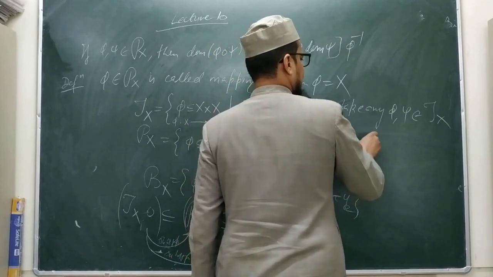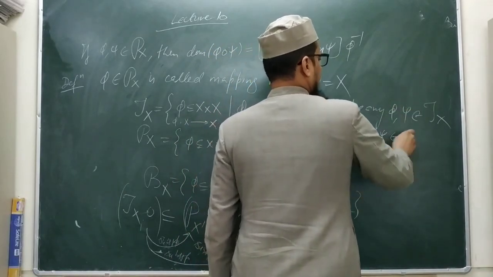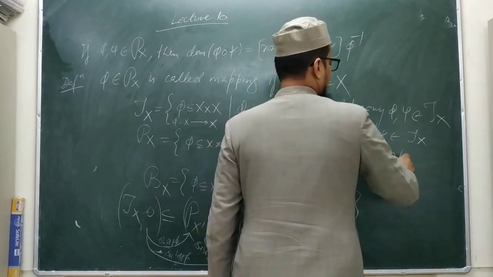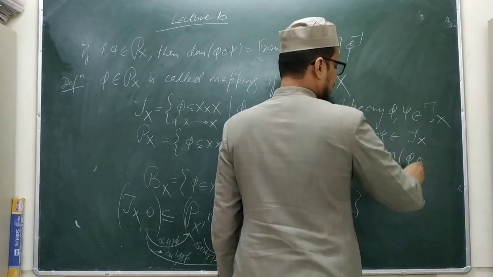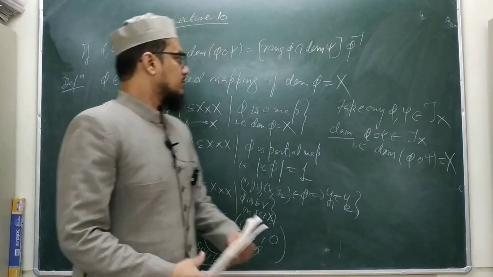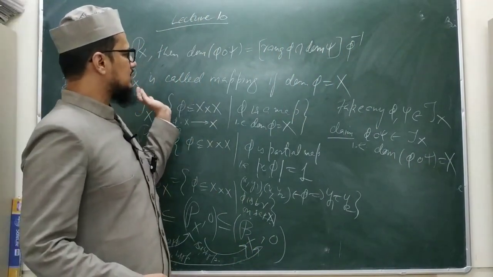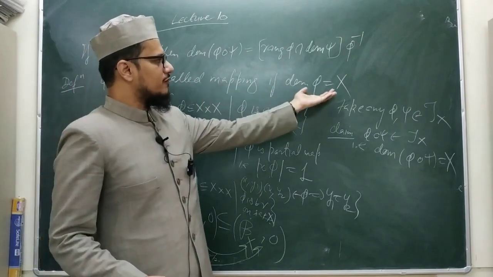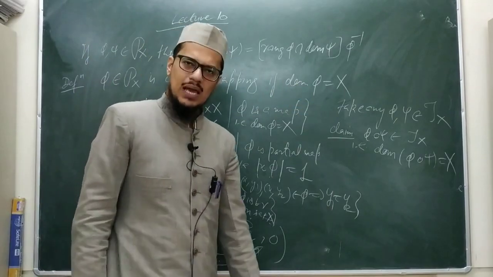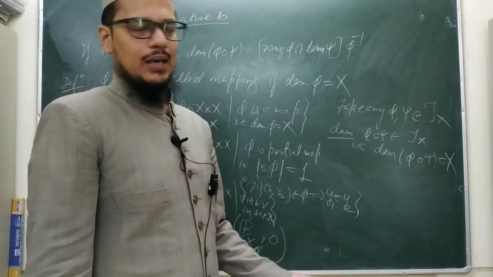Claim is that in order to show that phi composition psi belongs to tau x, we have to show that domain of phi composition psi is x. See, what is the definition? Definition is that phi belongs to px is called mapping if domain of phi is x. This is the definition. Correct?